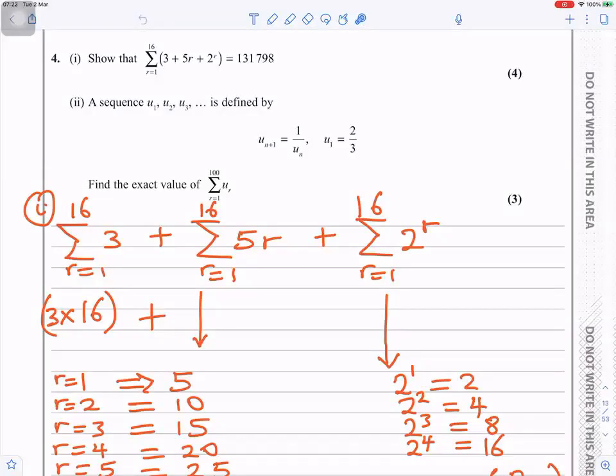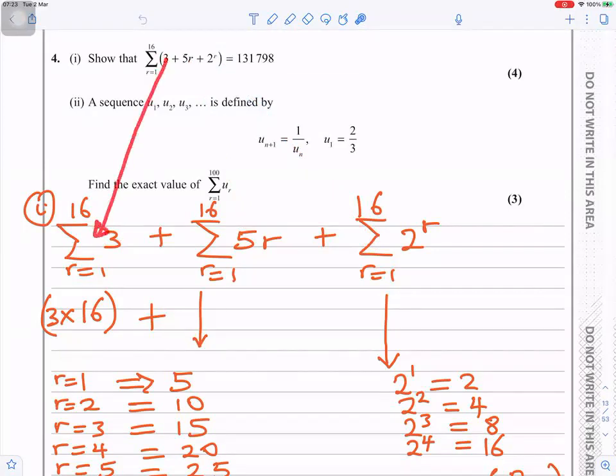Question number 4. Show that the sum from r equals 1 to 16 is equal to 131,798. So to do question 4i, we would separate it. We would have it as the sum from r equals 1 to 16 of 3, the sum from r equals 1 to 16 of 5r, and the sum from r equals 1 to 16 of 2 to the r. So that's very important.